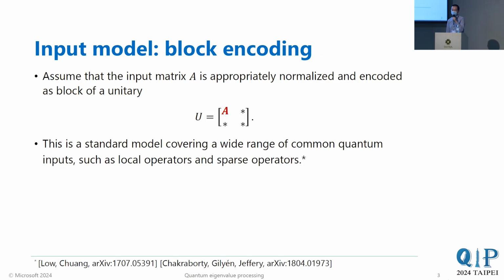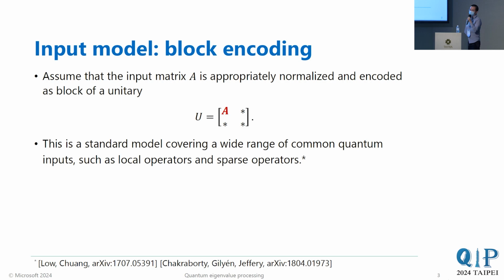So with that in mind, I want to talk a little bit about the input model for matrices and operators. In this work, we use an input model called block encoding. Hopefully you have already heard this terminology in some of the previous talks.